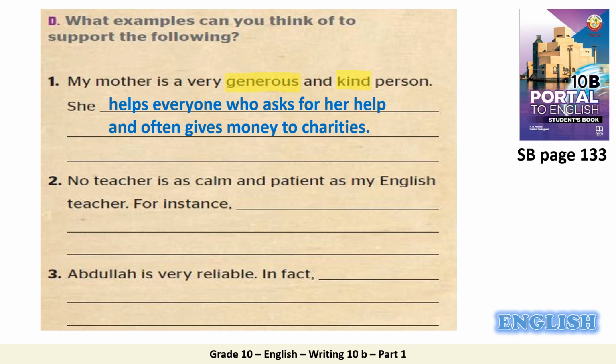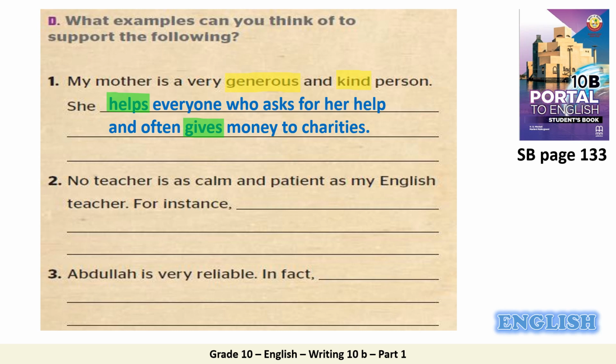We added some more descriptions about my mother. We added help, okay? So help means when you are kind, you help other people. So she helps everyone, and we added also the verb give. So give money means to be generous. All right?